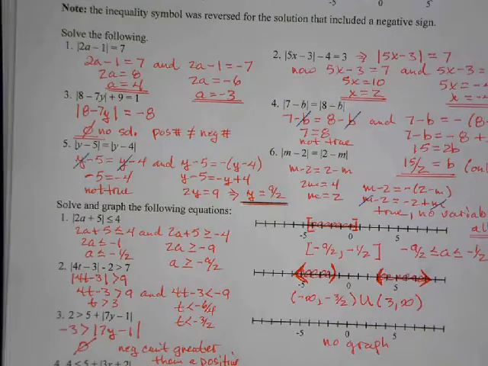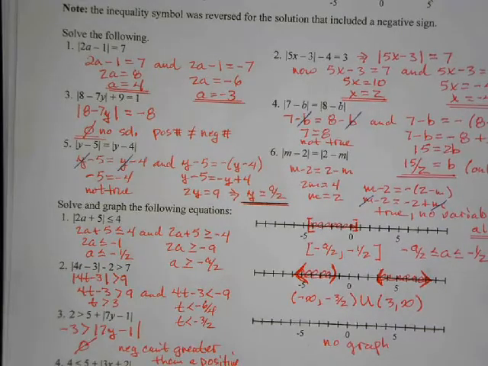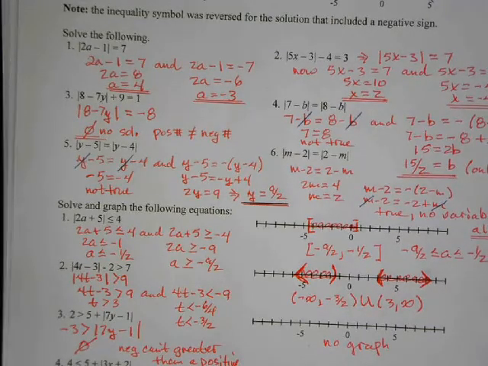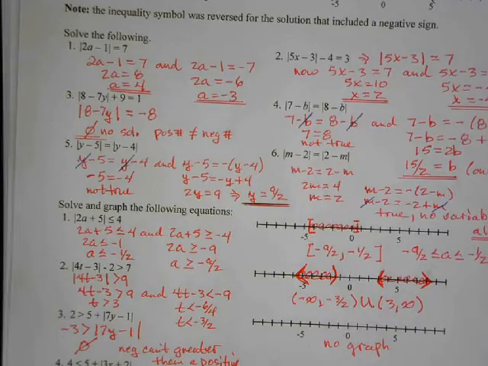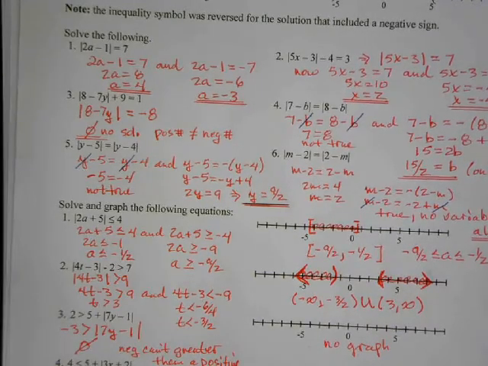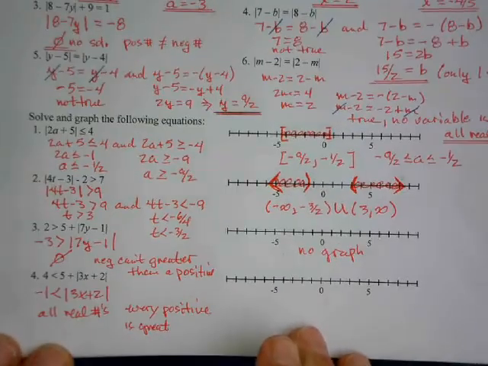So this one is actually all real numbers. Every positive is greater than -1.